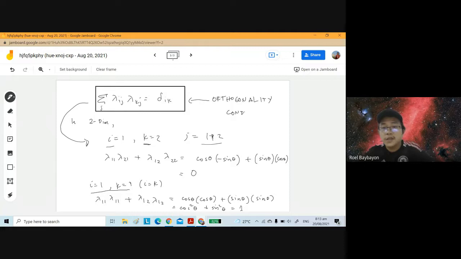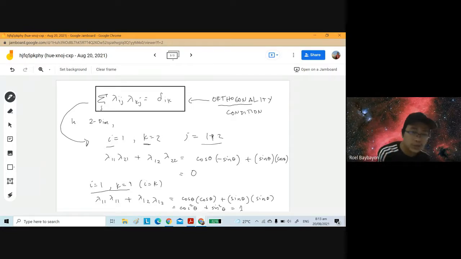It has something to do with the perpendicularity between two vectors. If we remember from our Physics 41, when two vectors are orthogonal, it means they are perpendicular to each other.